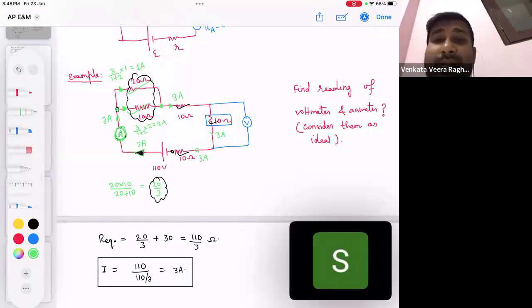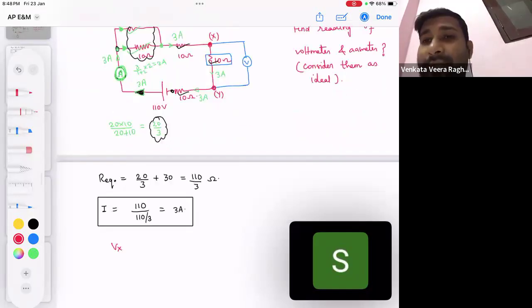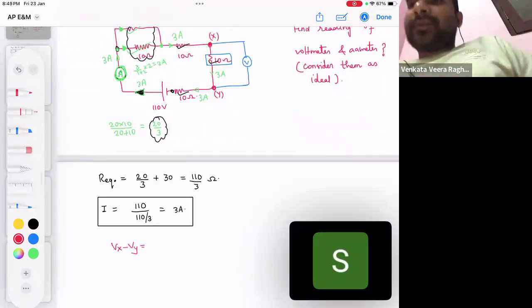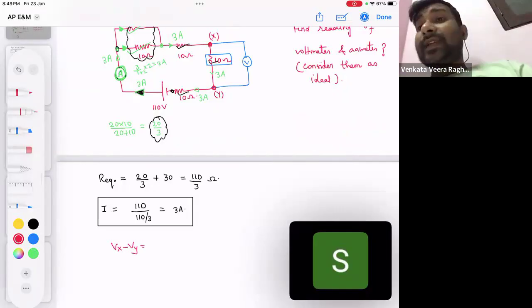So can you tell me, if I call this point x and this point y, am I asking you in the question what is Vx minus Vy? Isn't it? That is the potential difference between the points x and y. And that we will get as the reading of the voltmeter.